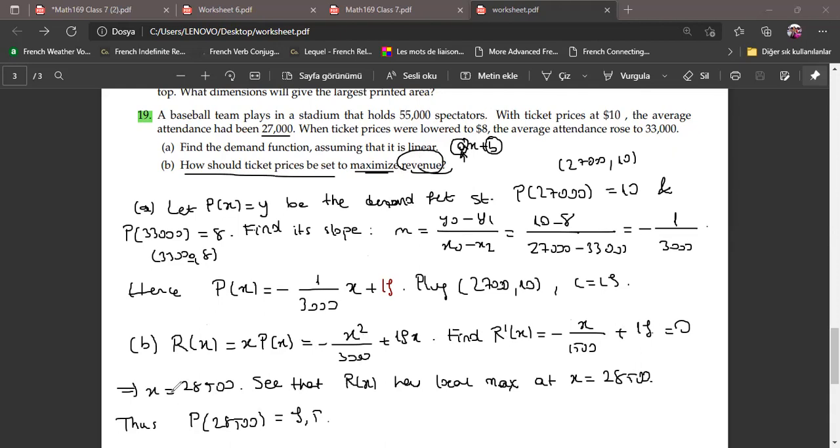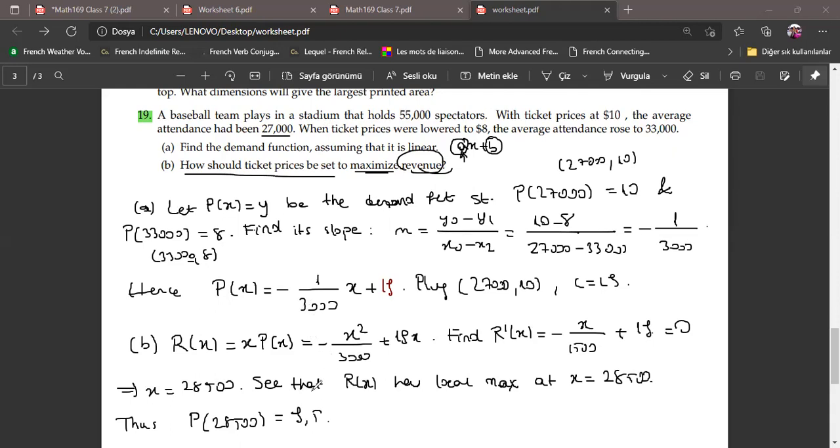This says that if this many people come to the stadium, we will get the maximum revenue.